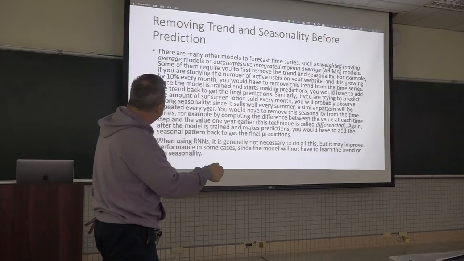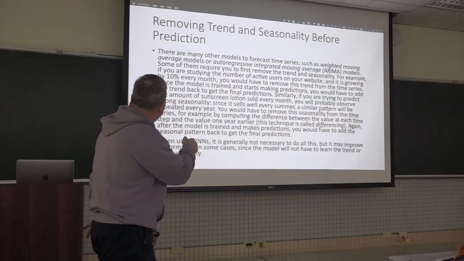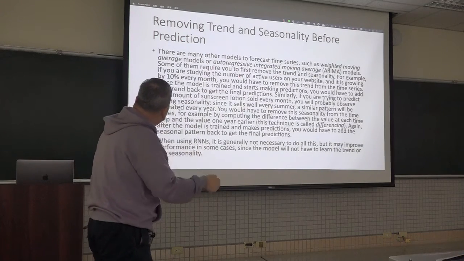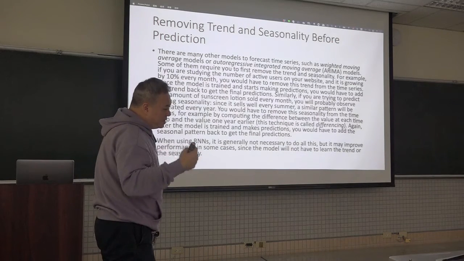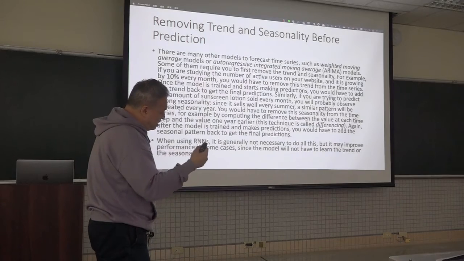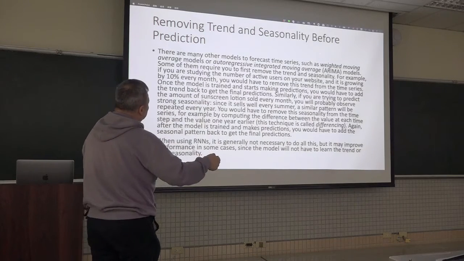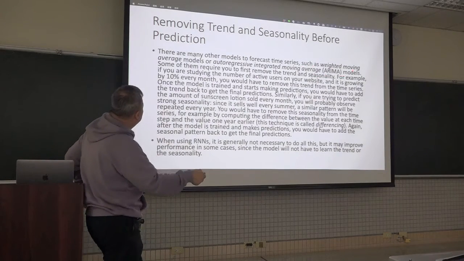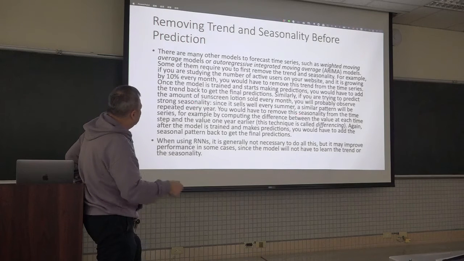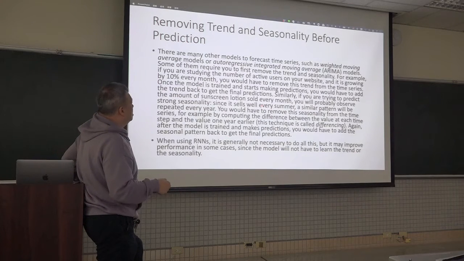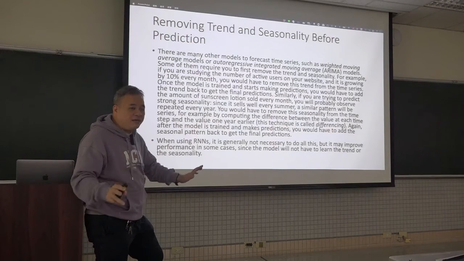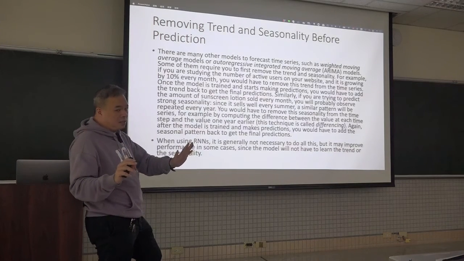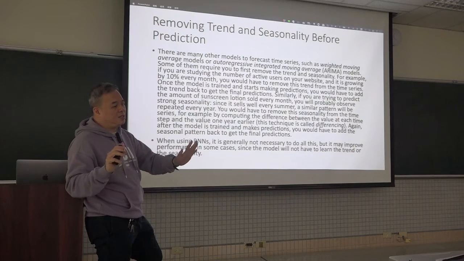and seasonality before your prediction. This should be done for statistical models such as ARIMA or weighted moving average models. But for RNN, removing trend and seasonality sometimes also helps a little bit, but not always.